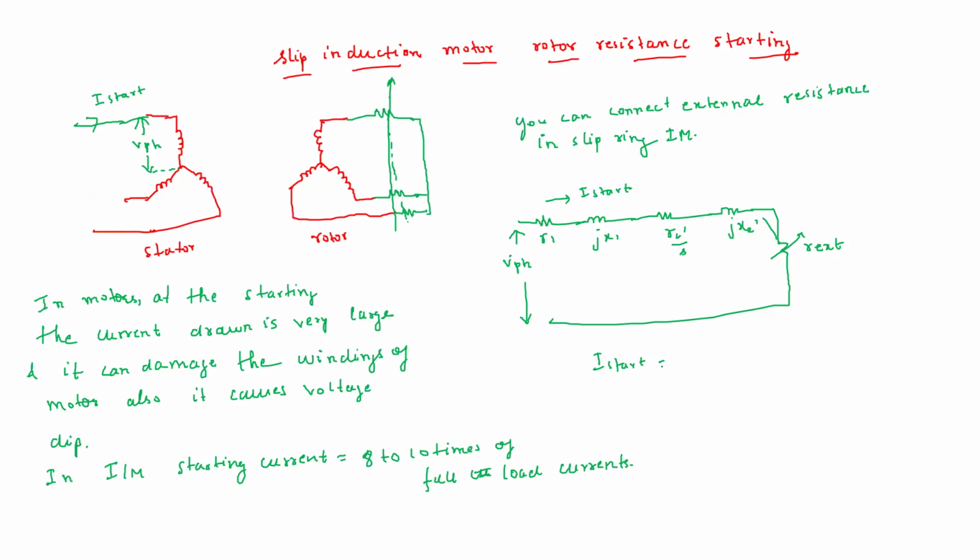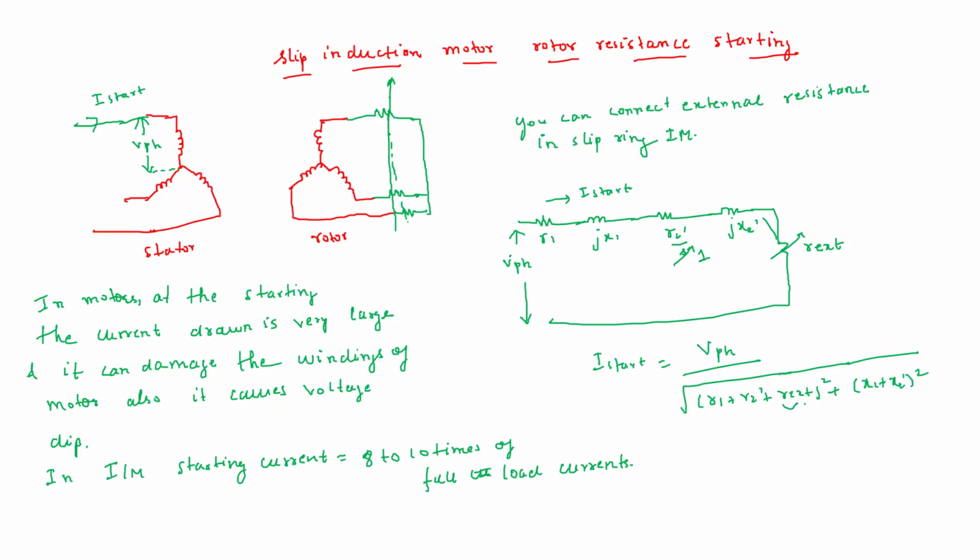So it will be V phase by root over of (R1 plus R2 dash by S plus R external) whole square plus (X1 plus X2 dash) square. Now S will be 1 at the starting, so this will be R1 plus R2 dash plus R external whole square plus X1 plus X2 dash square.